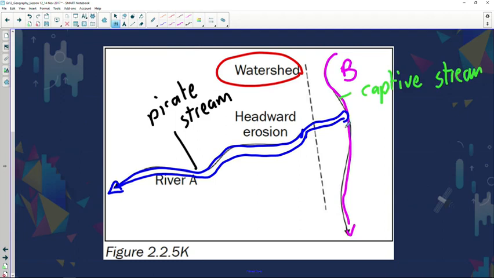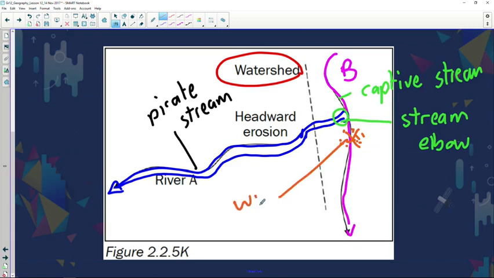If we look at this area over here, where the interception took place, it is the stream elbow. Now, immediately where the water has been intercepted, we will have a dried up area, and that is known as the wind gap.